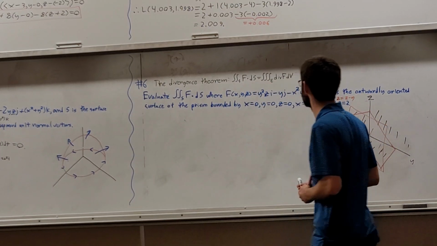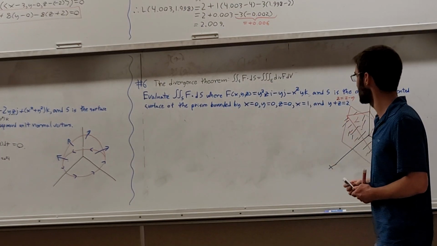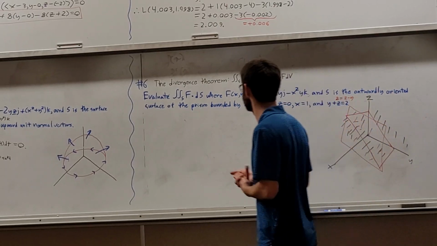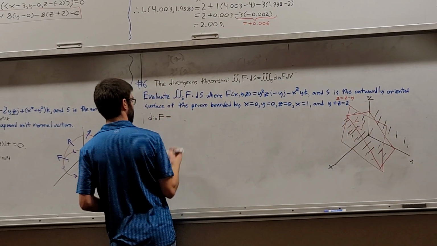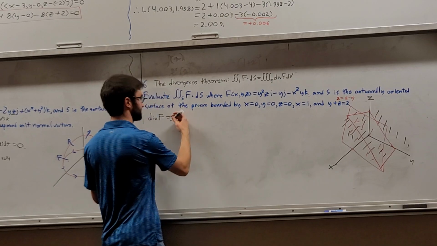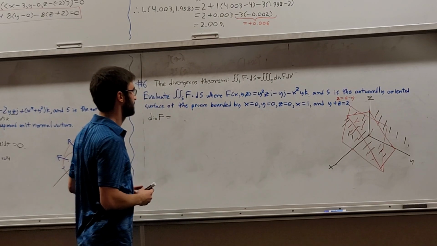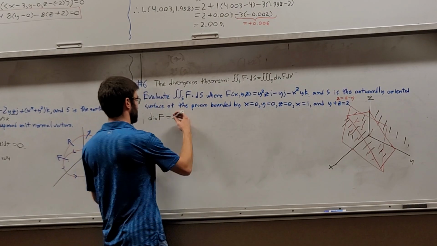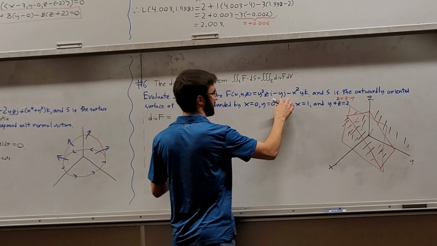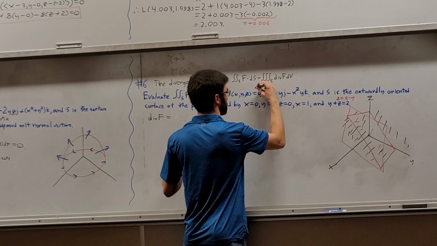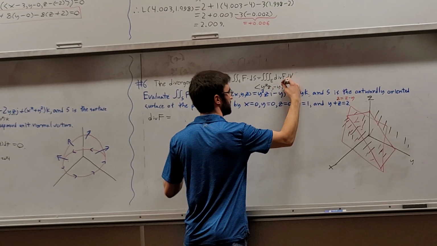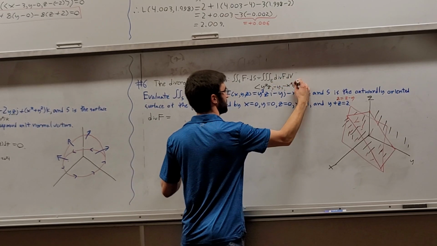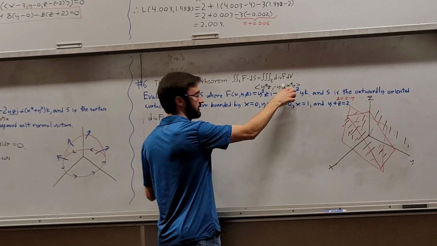Anyway, we'll be using the divergence theorem here, so we'll take the divergence of F. F is given by y squared z, minus y, and minus x squared y, where these are p, q, and r.